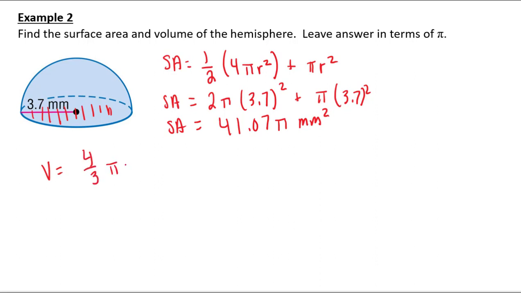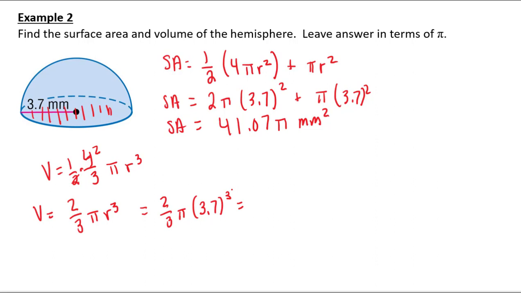Now volume, 4/3 pi r cubed, but I multiply that by 1/2. So really, if the 2 and the 4 cancel, I have 2/3 pi r cubed, and that ends up being, that's one crazy fraction.